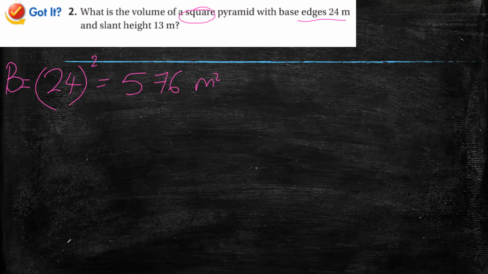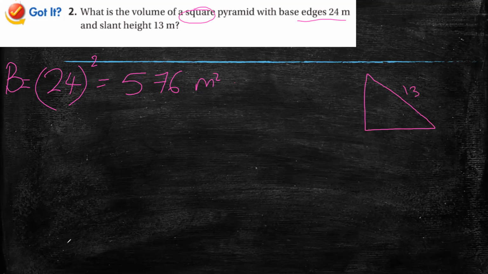This is now the area of the base. Now I need to find the height because they give me the slant height, and the slant height is for the surface area. So this is the slant height, 13.